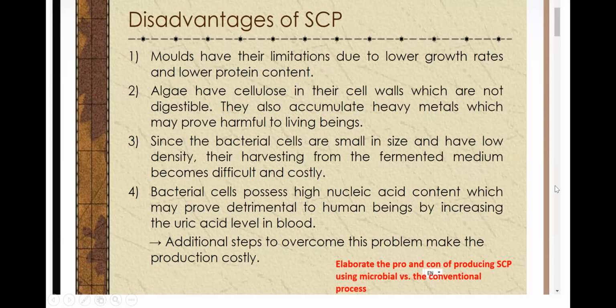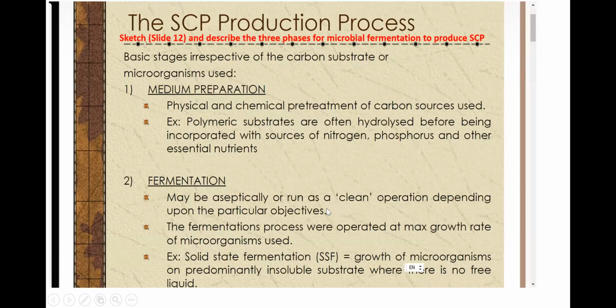So this can be caused by high nucleic acid content in our food chain. An additional step to overcome this problem is to remove the nucleic acid by solvent extraction or thermal treatment. This will cause extra cost.